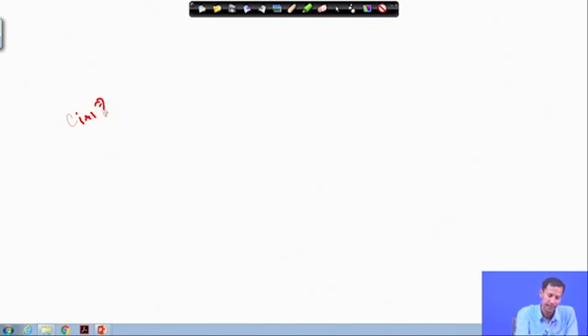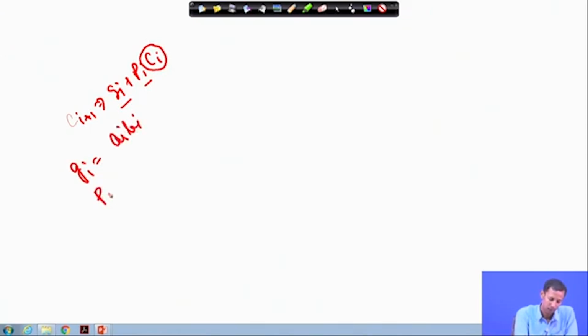Ci plus 1 is basically Gi plus Pi into Ci. Okay, so this Ci is the previous carry, and the logic for Gi is Ai Bi, and for Pi the logic is Ai XOR Bi.